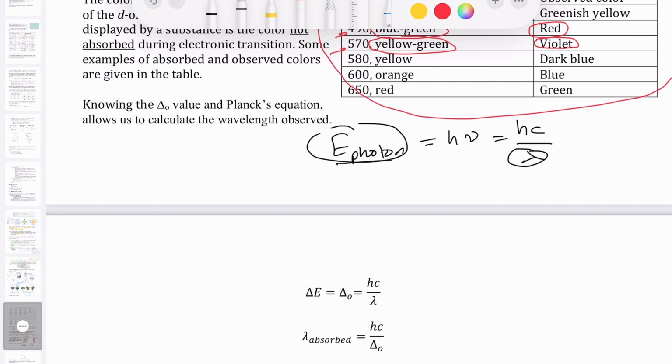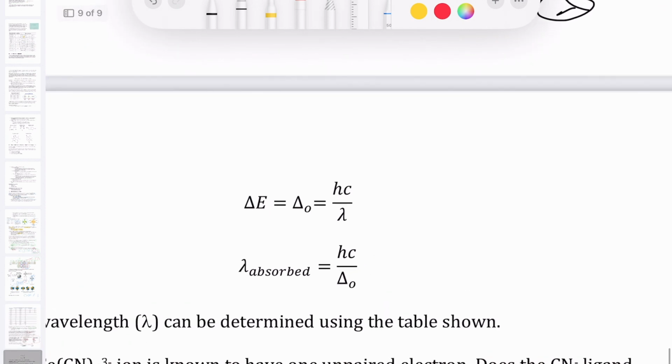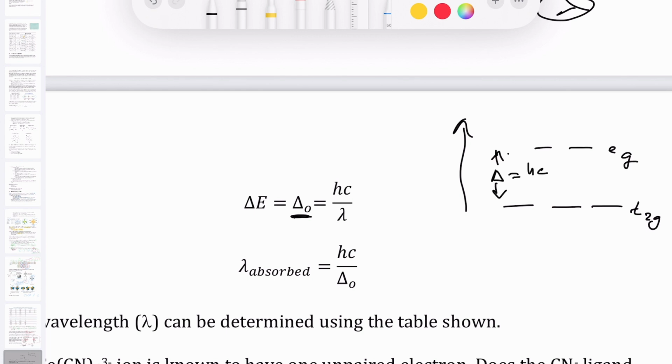But now that energy that needs to be absorbed is equal to the delta, which is the gap between the lower 3 orbitals, called the t2g, and then the higher eg orbitals. And so that delta now corresponds to hc over lambda. If we know the wavelength that is absorbed, that allows us to calculate delta, or vice versa. If we know the delta, we can calculate the wavelength.